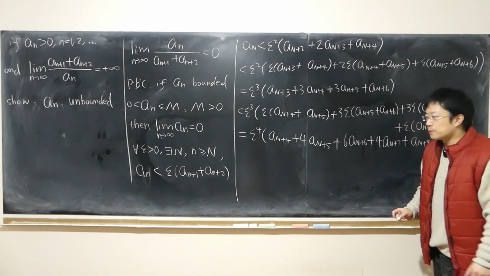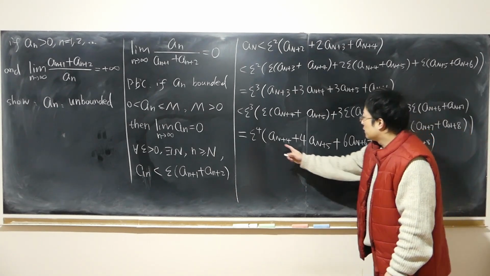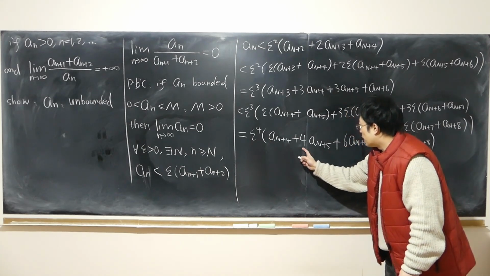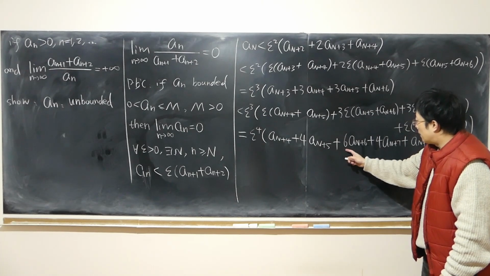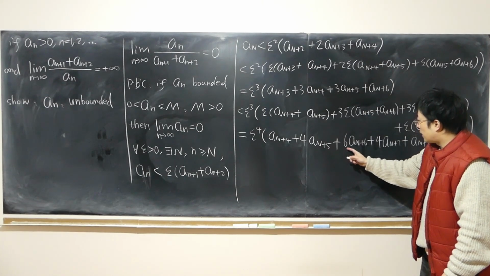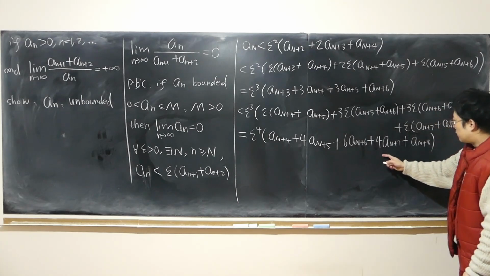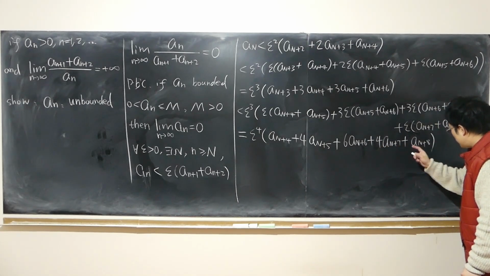This is more obvious. Clearly 4 choose 0, 4 choose 1, 4 choose 2, because 4 choose 2 is what? 4 times 3, 12. 12 divided by 2, 6. Right, 4 choose 3, 4 choose 4.